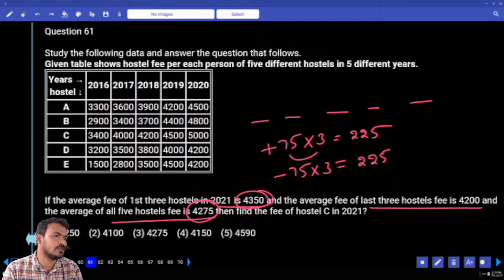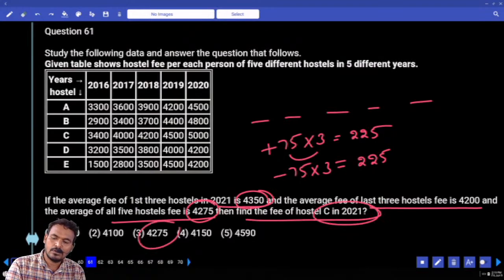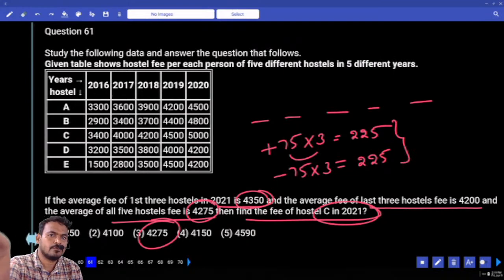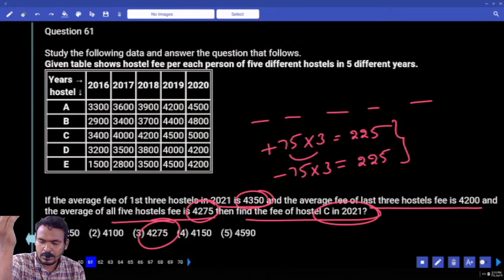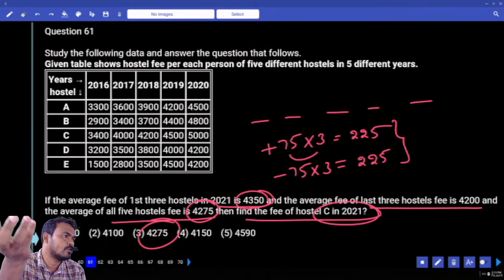Means there is no change in value. Then the fee of hostel C in 2021 is how much? 4275, because 225 increased and 225 decreased means there is no change in the original value. 4275 plus 0.